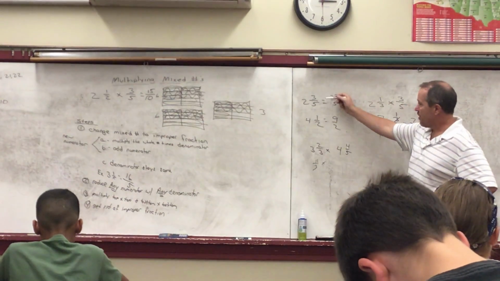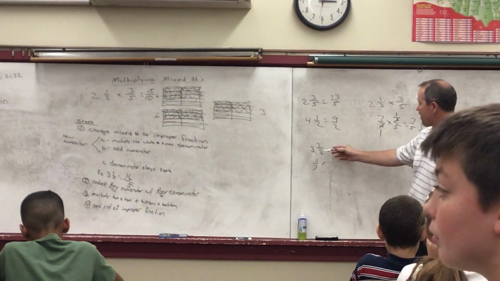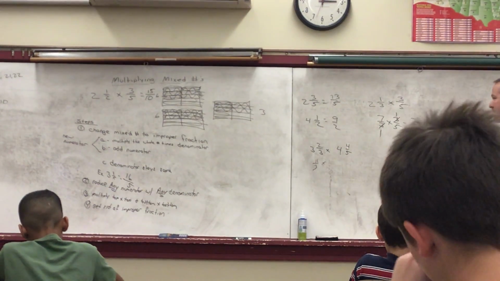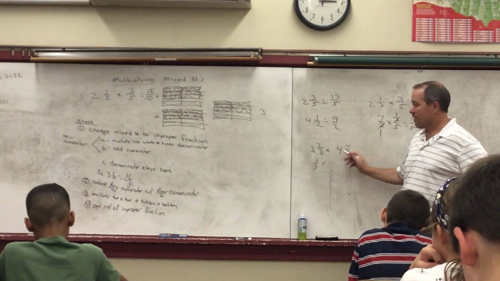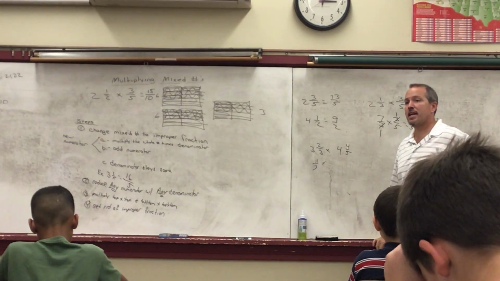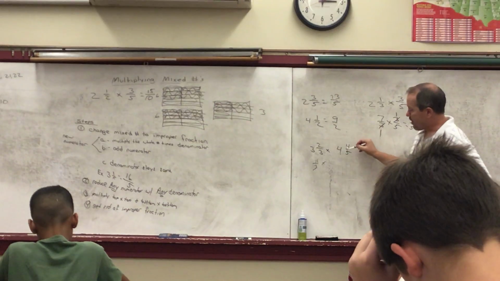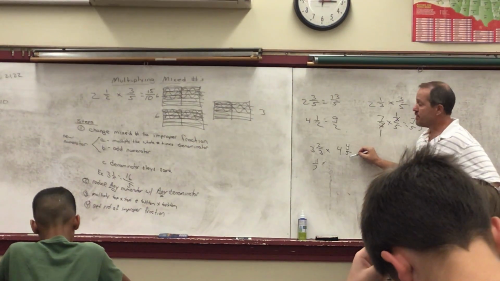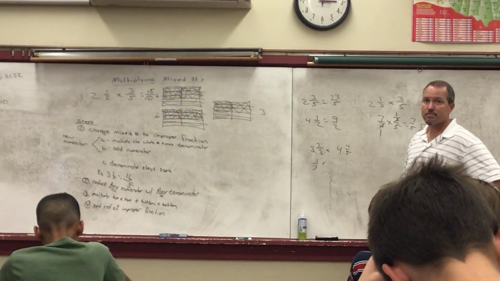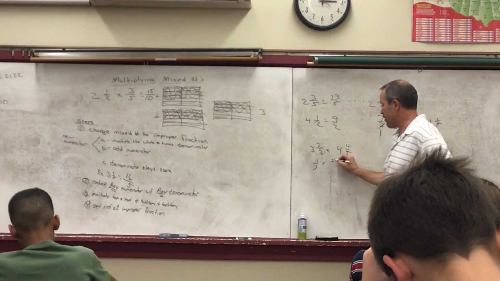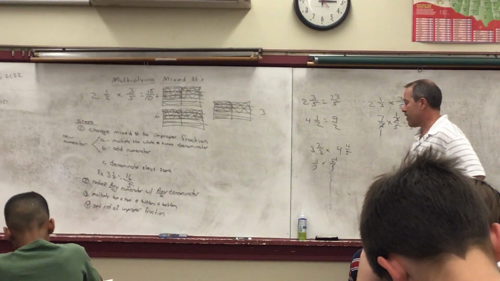We've just done 4 of them the exact same way. Steph, add 4. 4 times 5 is 20. 20 plus 4 is? 24. So we end up with 24 over 5.